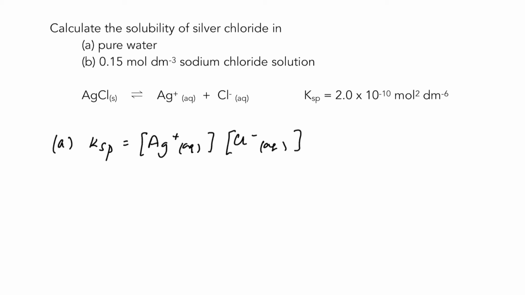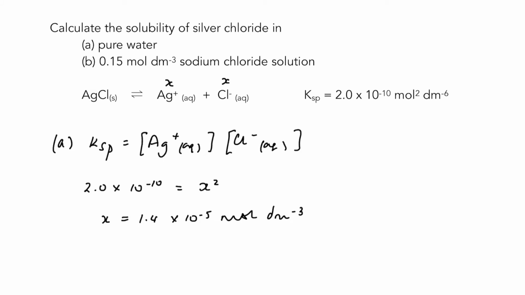And since it's a 1-to-1 ratio, we can call each of those x. So 2.0 times 10 to the minus 10 is equal to x squared. So the solubility is 1.4 times 10 to the minus 5 mole per decimeter cubed.